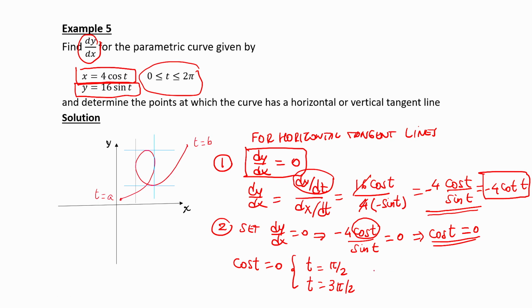The next step will be to evaluate x and y for t equals pi over 2 and also for t equals 3 pi over 2, so we can find the points at which this curve has horizontal tangent lines. So we say t equals pi over 2 or t equals 3 pi over 2.